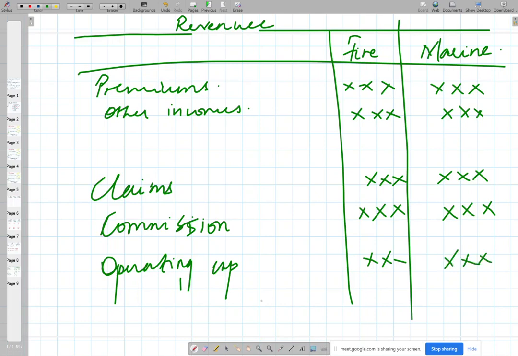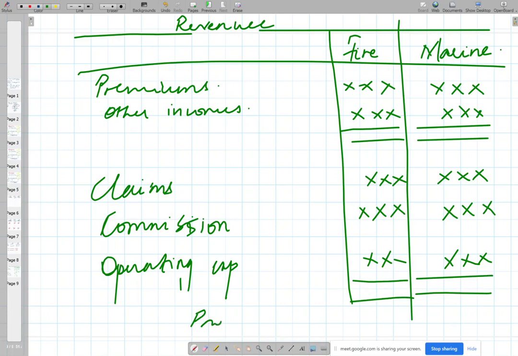Once we get some profit over here, after subtracting these expenses from these incomes, we are going to definitely get some profit. We call it the operating profit. This profit that we get is going to be transferred to the profit and loss account. Understood? This is somewhat like how we used to prepare the trading and profit and loss account, if you remember.